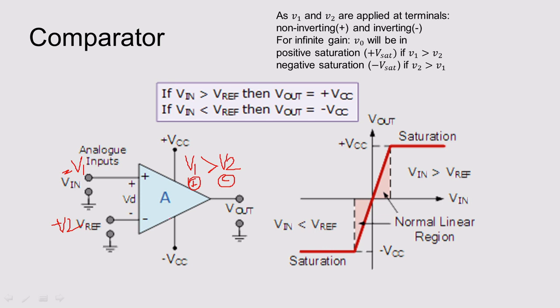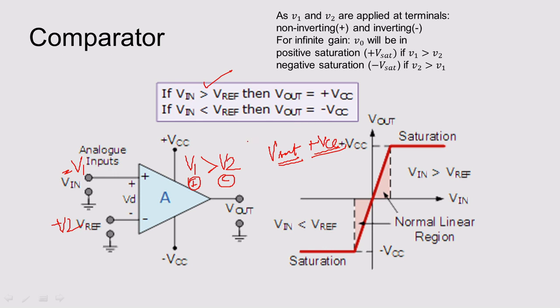If the terminal connected to plus is greater than the negative terminal, the output is VSAT, that is plus VCC. So explained clearly: if V1 is greater than V2, the output is plus VCC. If V1 is less than V2, your output is minus VCC.